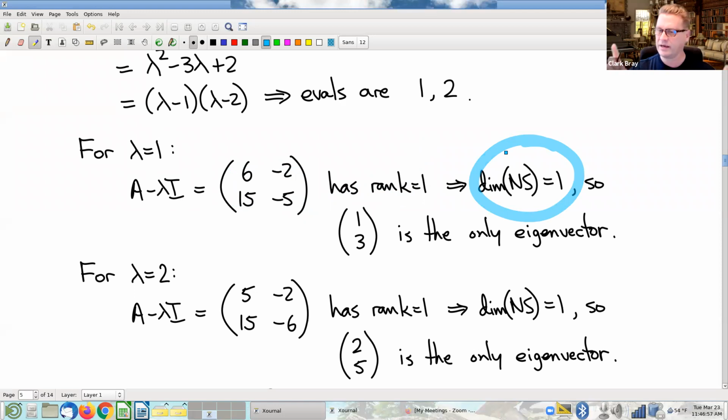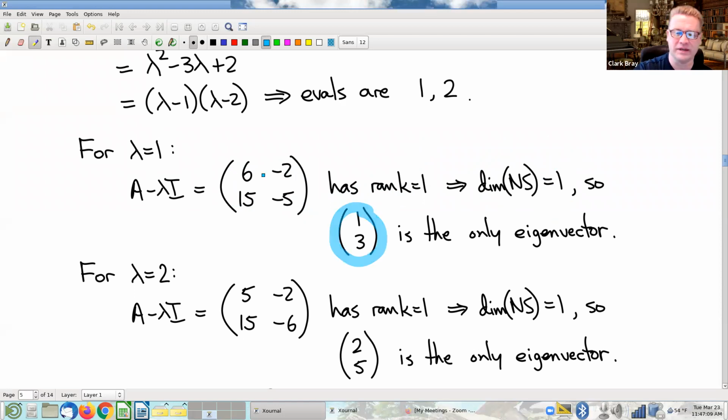And that right there is a huge amount of information. This tells you that there's really only one eigenvector to be looking for. And once you know there's only one to be found, a little bit of trial and error can confirm orthogonality to the rows and thus that this is a null space vector, aka eigenvector. Okay, so likewise down here.